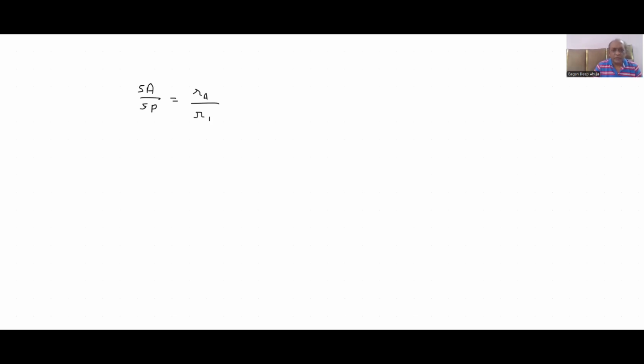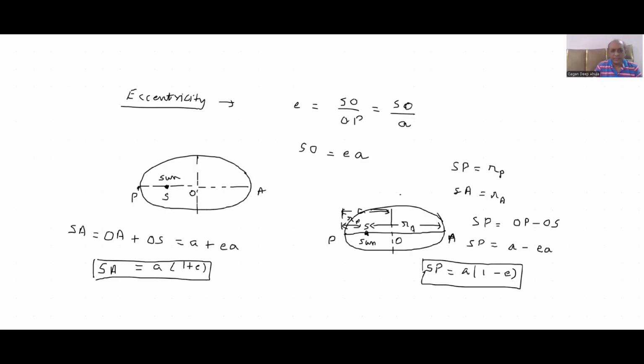Now our RA was equal to, if you look at this slide, A into 1 plus E. That is equal to SA, and RP, which is equal to SP, is equal to A into 1 minus E. So I'll put these two values here.